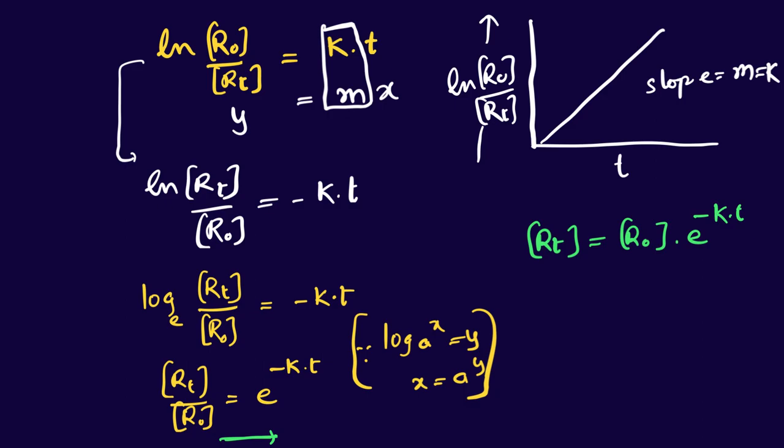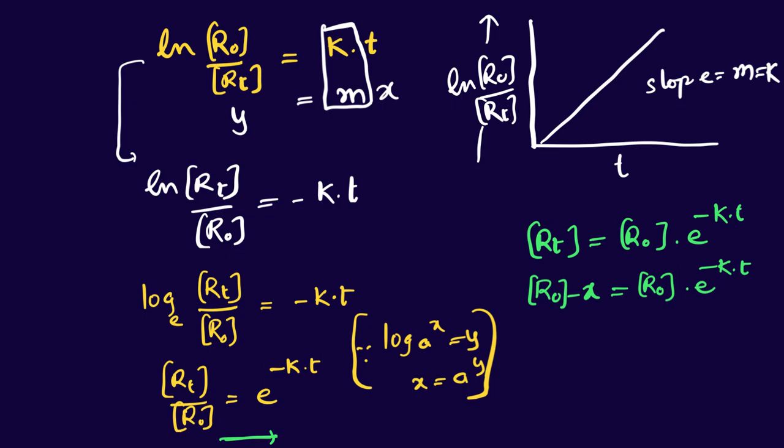Now this R at T time concentration is known as R naught concentration minus x. In the starting equation I gave, when reactant is converted to product, initial is R naught, and after T time the concentration is R naught minus x. Therefore, R naught minus x is R naught concentration into e power minus k into t.